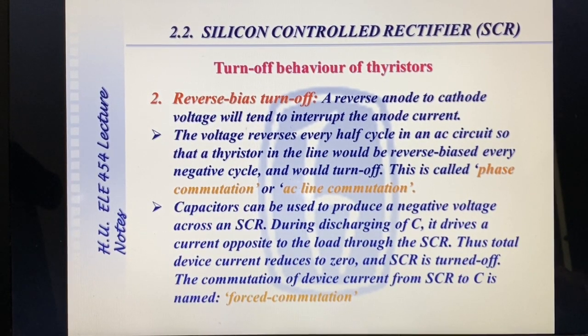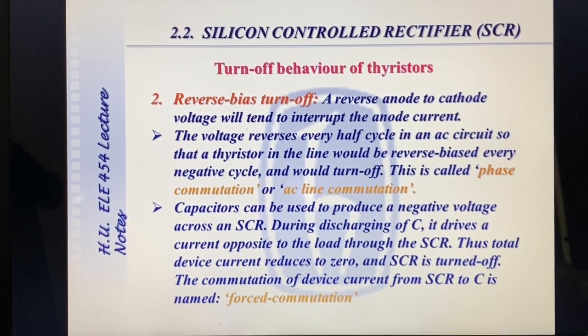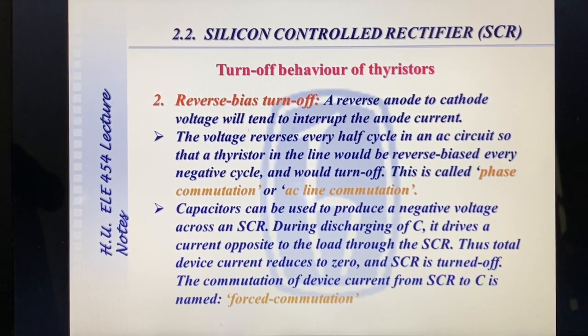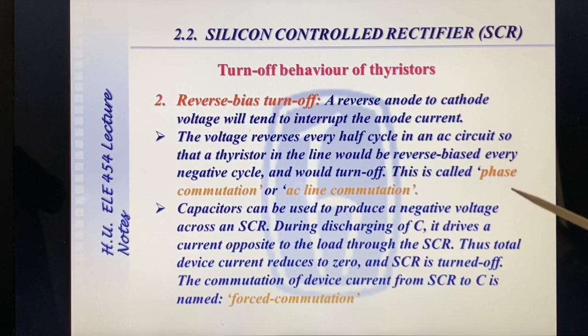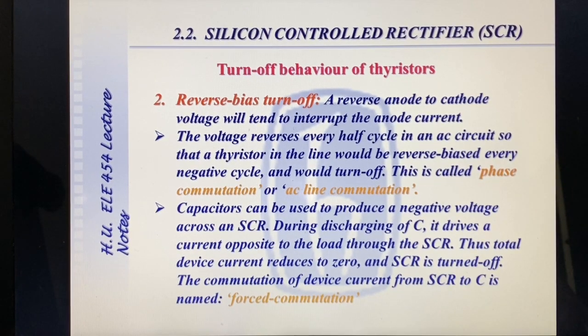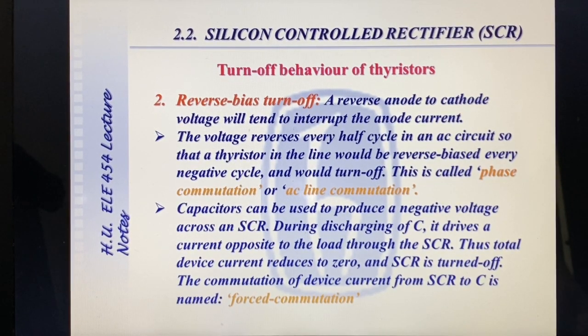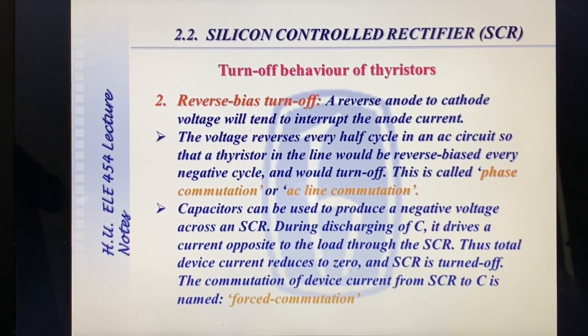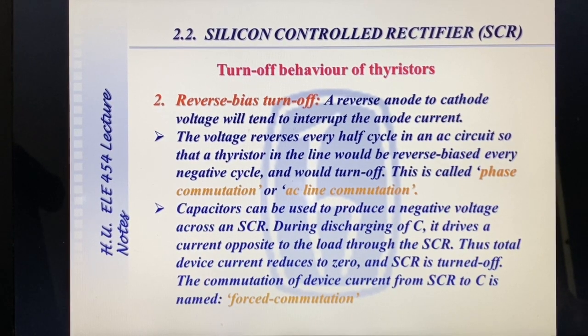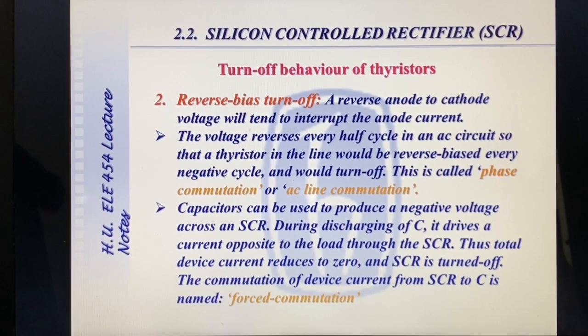Rather than this, power transistors are employed in the case of DC to DC or DC to AC converter applications. Reverse bias turn-off is for AC to DC or rectifier applications where line commutation occurs naturally in the circuit.